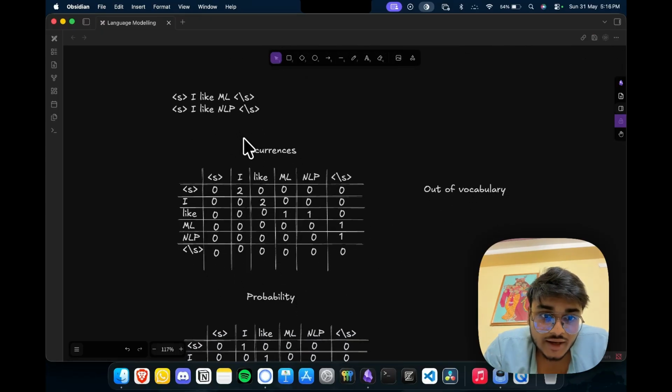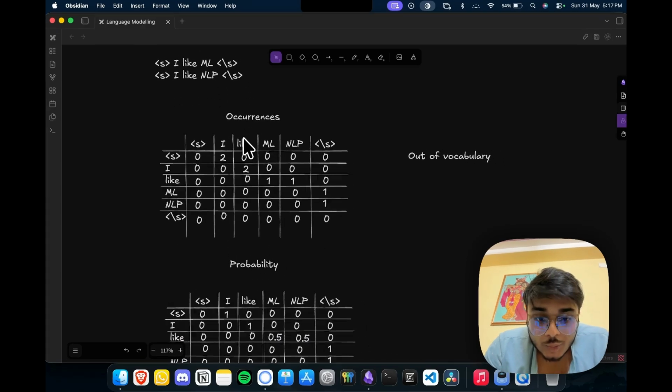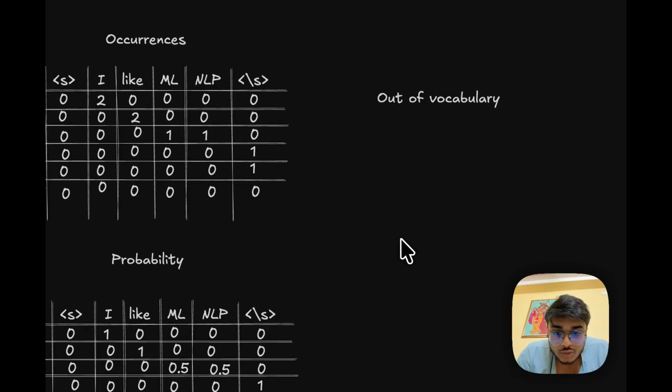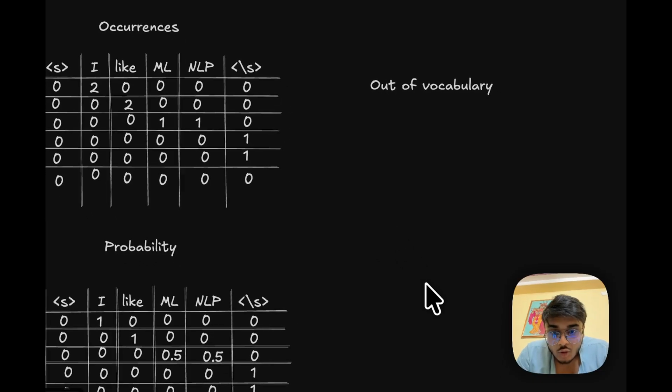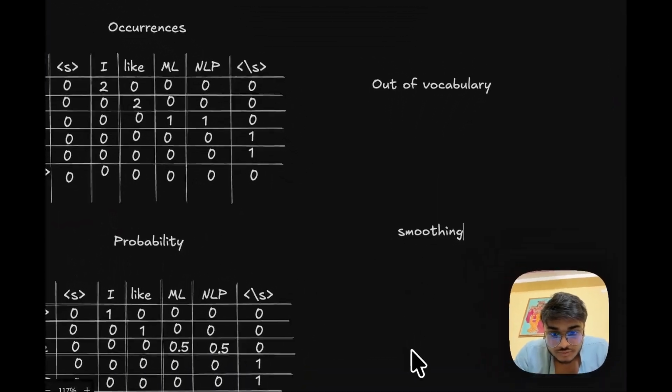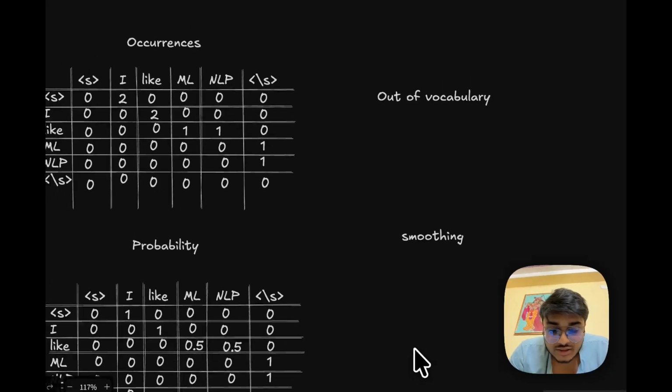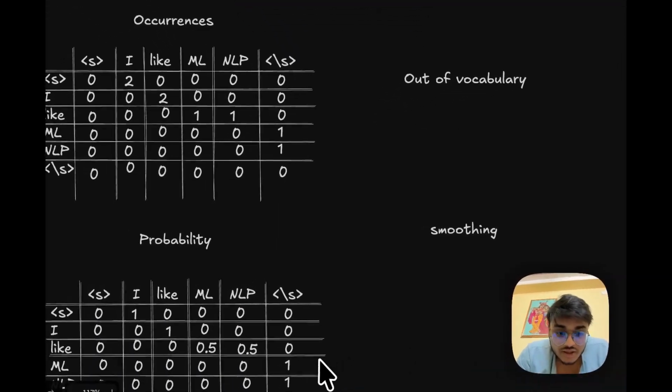So if I try to find the probability with all the valid probabilities and one probability which does not exist, the entire probability will be 0. That is the issue. We fix this issue by using a method called smoothing, and I'm going to discuss it in a second.